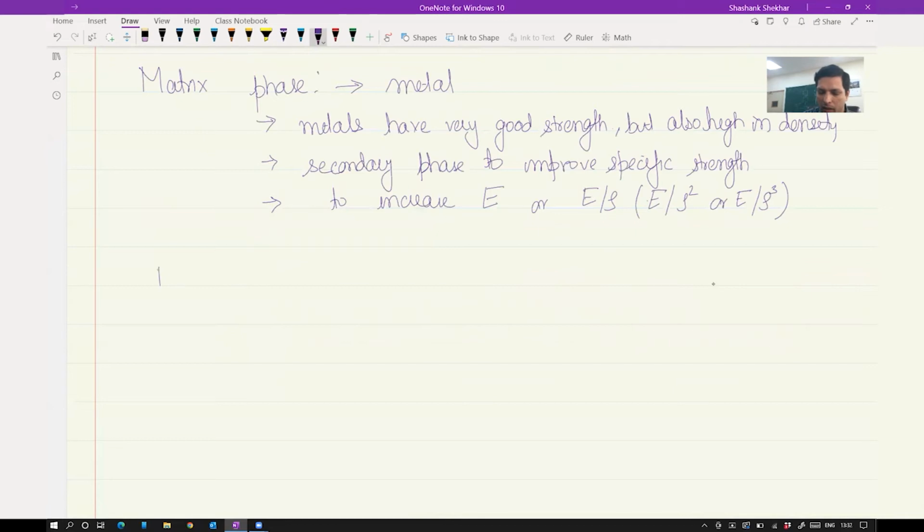Now let's look at the other option for matrix material, which can be ceramic or glasses. Like we said, ceramic or glasses are very brittle in nature, and because of that it is very less common to use ceramic as the matrix phase.